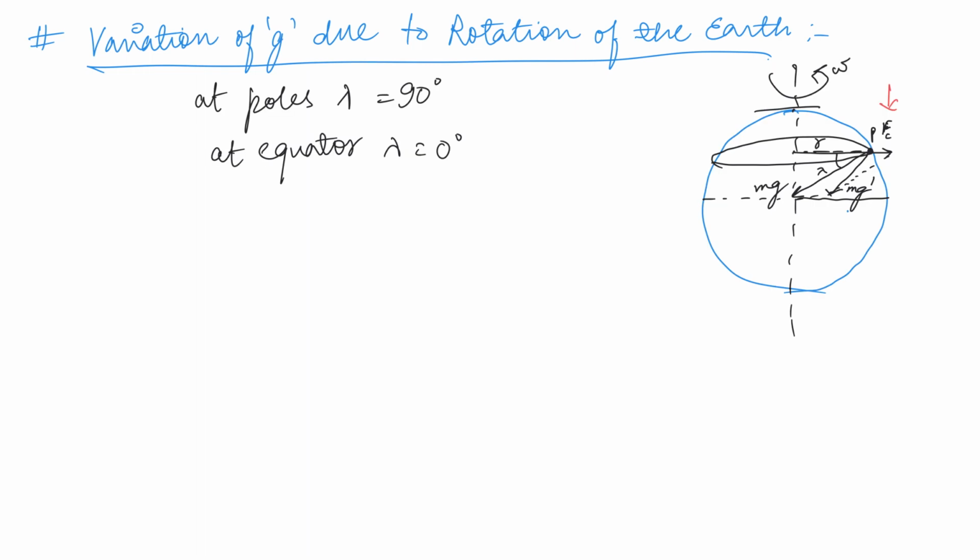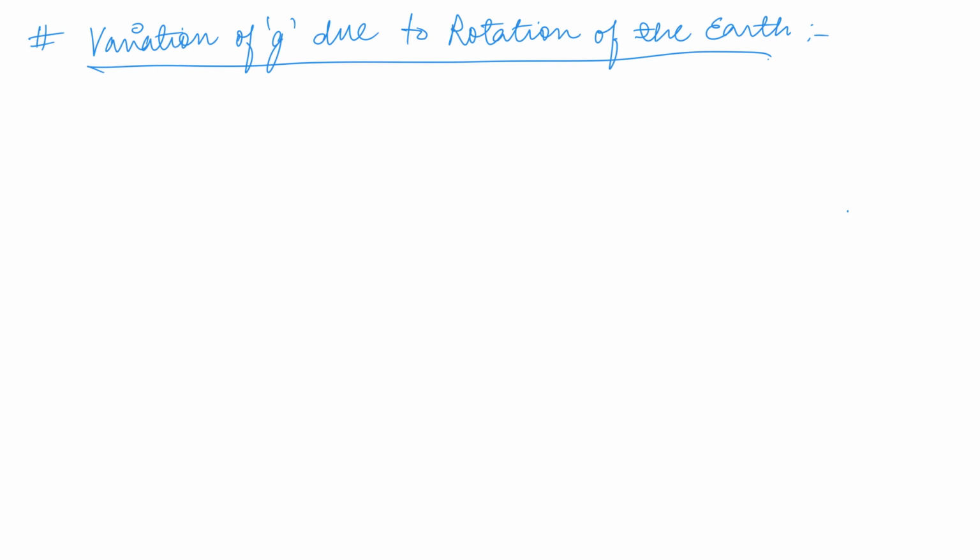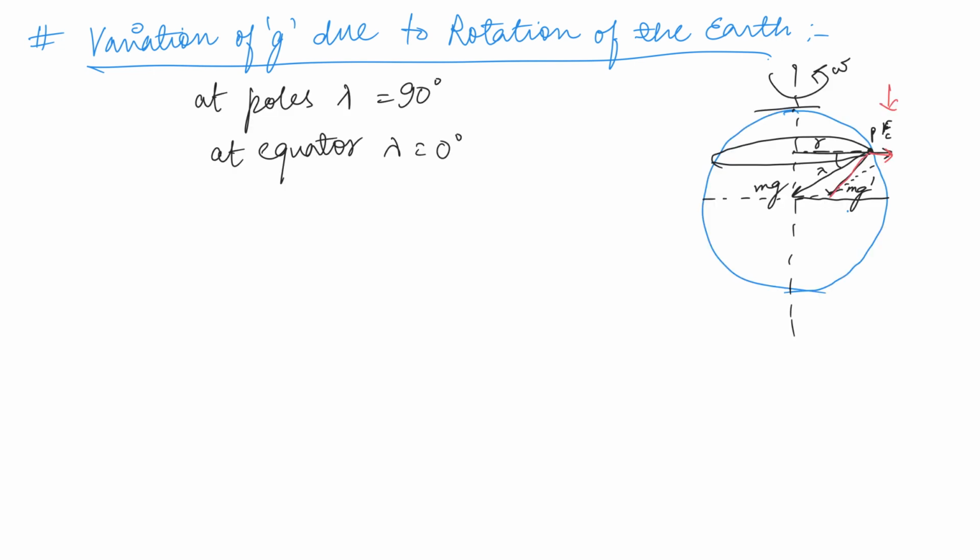So centrifugal force is nothing but a pseudo force, and it is just a mirror part of the centripetal force. This we will talk about in the mechanics lecture. So if it experiences the centrifugal force, its apparent weight will be less than its actual weight. There will be a decrease in the weight.